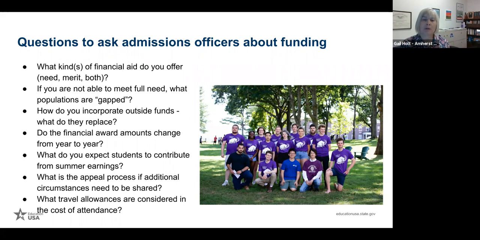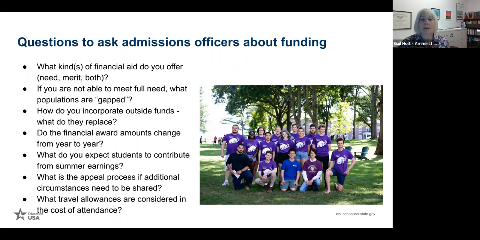You really want to be focused on how your financial information is going to be assessed. If an institution is not able to meet full need, then who might not receive that full aid? How can you start to plan and assess whether it's a good financial fit at that institution?